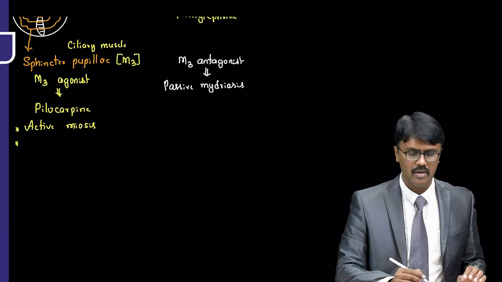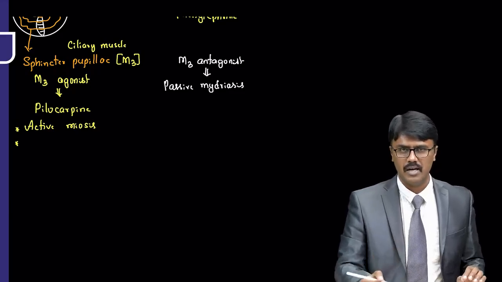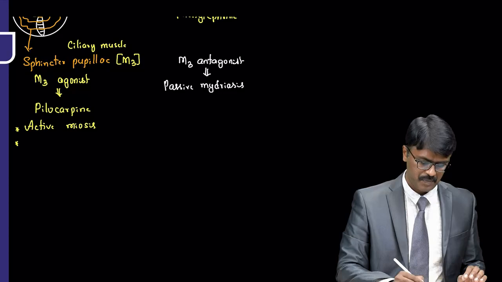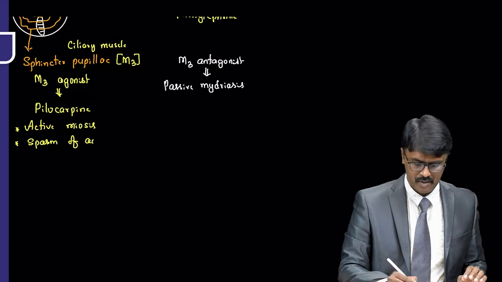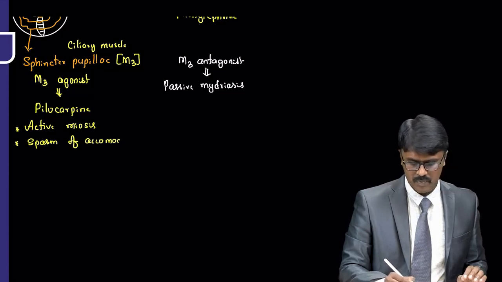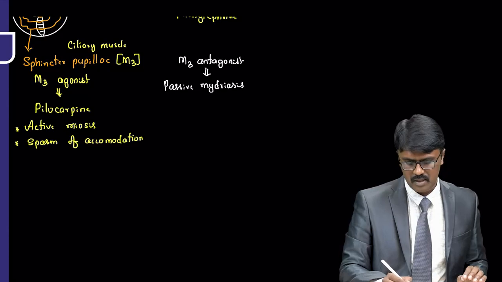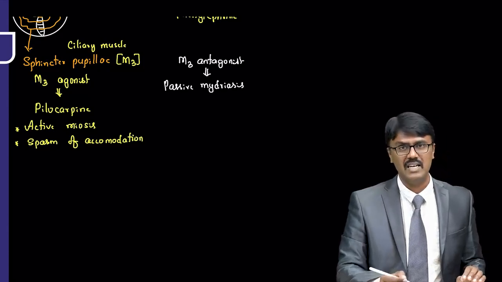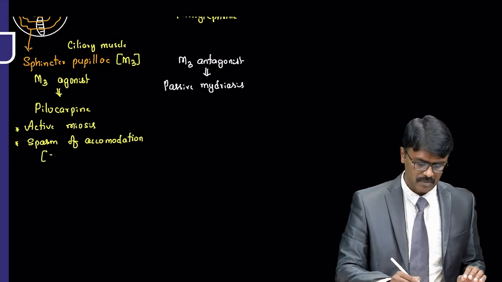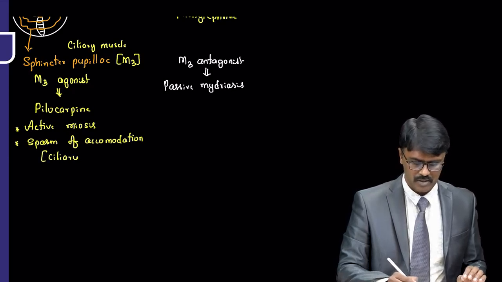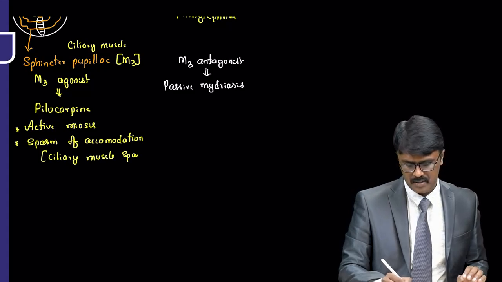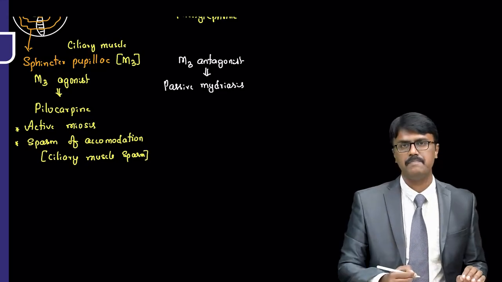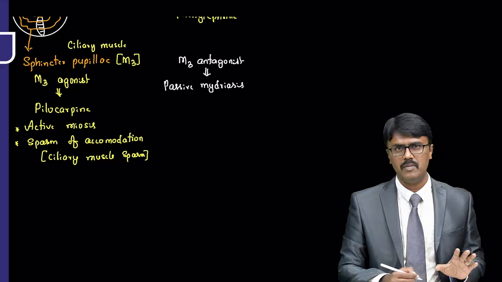Pilocarpine not only produces active miosis, it causes spasm of accommodation, because it increases the tone of the ciliary muscle, that is ciliary muscle spasm. So pilocarpine is an active myotic and it constricts the ciliary muscle.